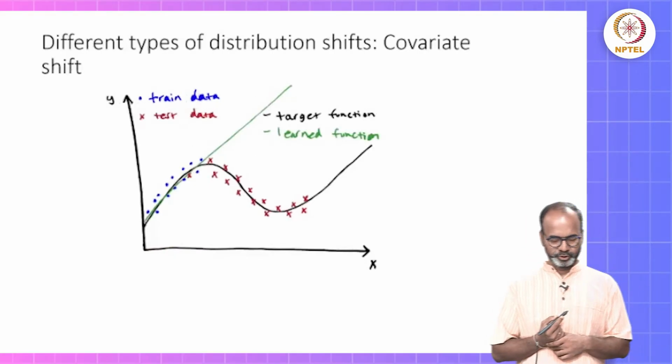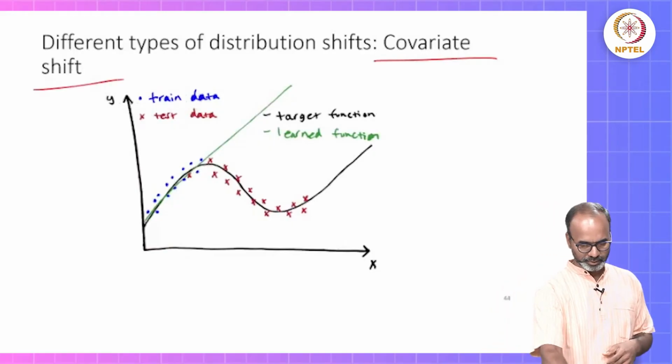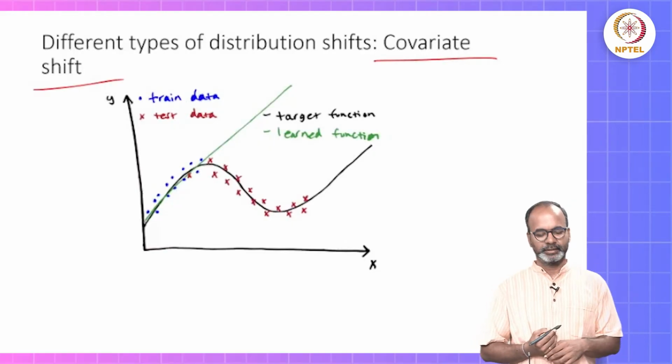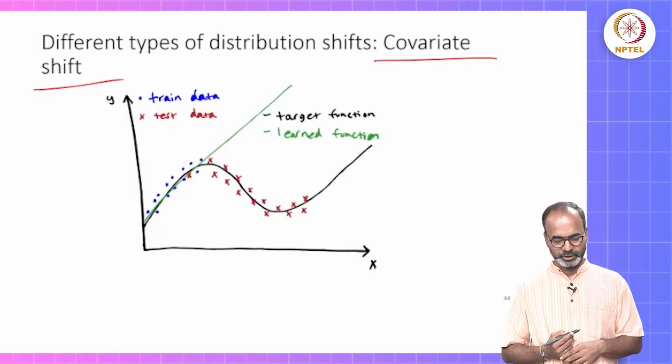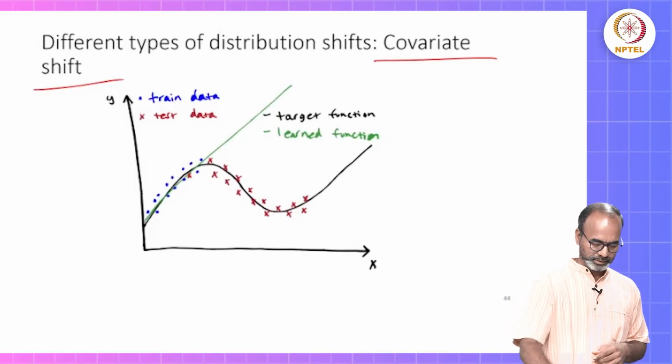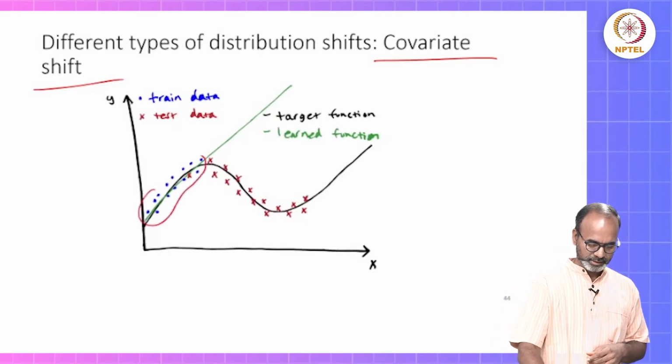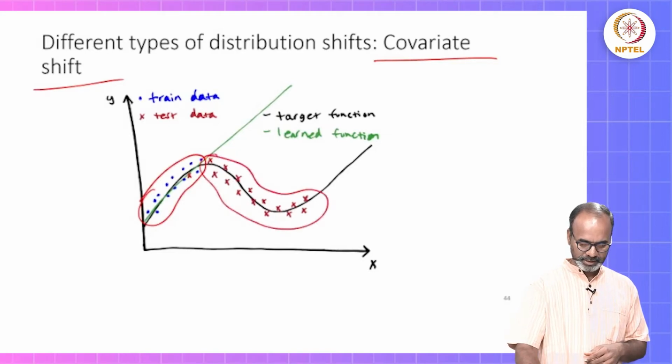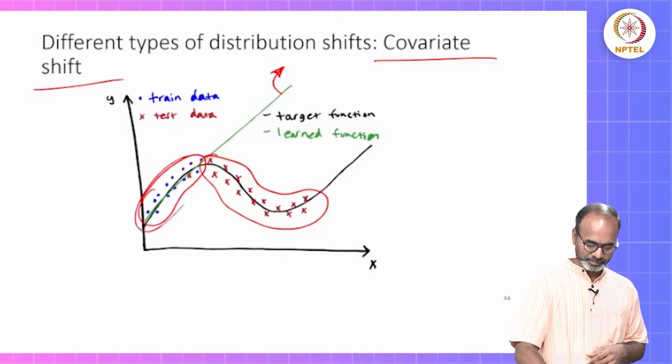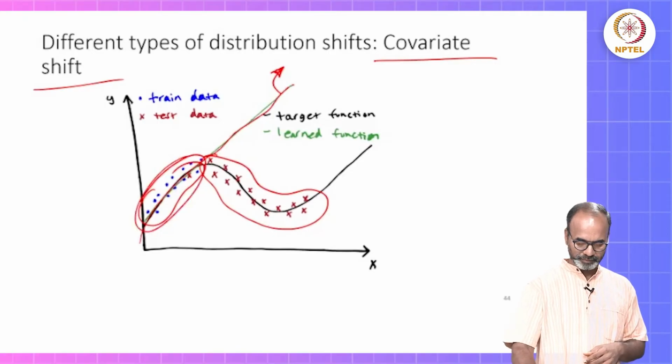Different types of distribution shifts. Let's just look at one idea called covariate shift. Here, if you see, this is training data, this is test data, and that's the learned function. Because of these blue points, that's the function the model learned, whereas the target function is this one.